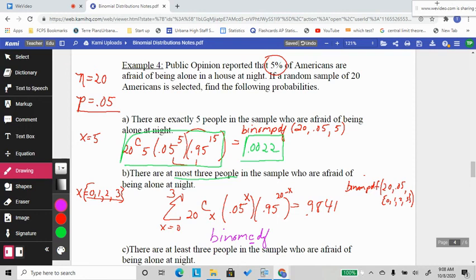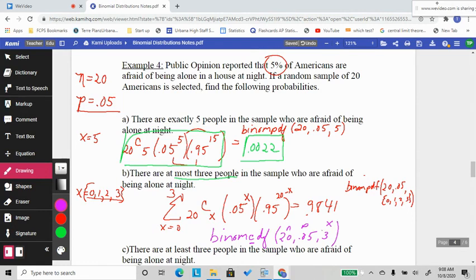All right, so here's what I'm going to type in my calculator. I'm going to type in 20 because I have 20. Then I'm going to type in my P, so N, P, and then the X. The X in this case is 3. All right, here's what this function does.